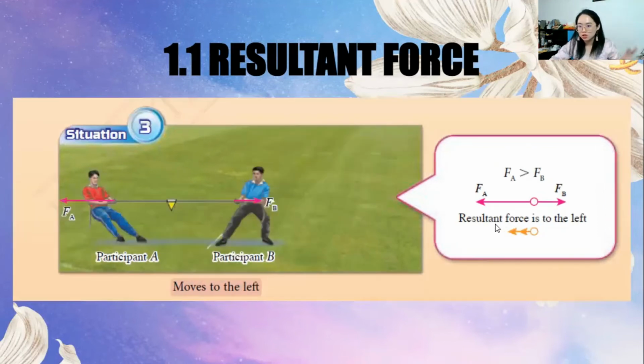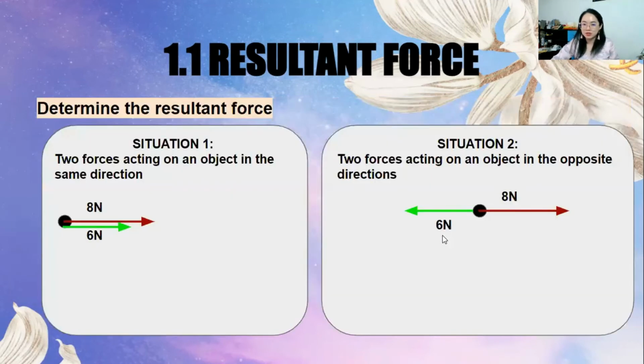This is just logic as long as you understand how the forces go. If the resultant force is going to the left, then participant A has a greater force than participant B, so the whole thing will be moving to the left. So that's the resultant force.